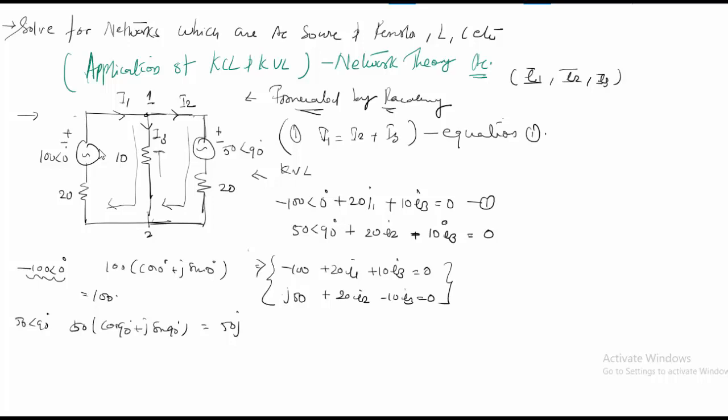And again, if I remove the 10 from here, making it in the multiple of 10, then the second equation can be simplified as j5 plus 2I2 minus I3 is equal to 0.